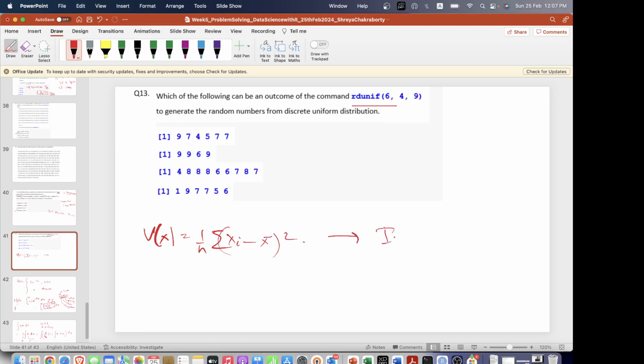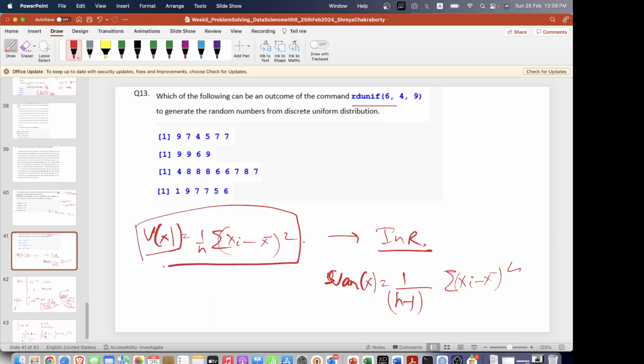But in R, the sample variance, var x, is 1 by n minus 1 summation xi minus x bar whole square. So if you have to get the actual variance, what you have to do is n minus 1 by n into var of x in R.